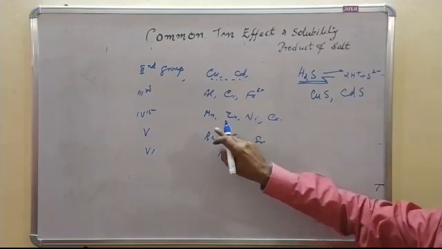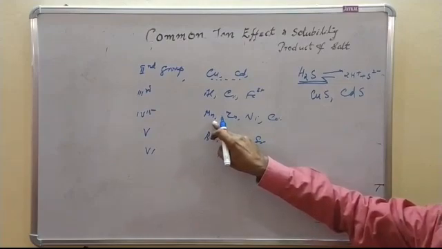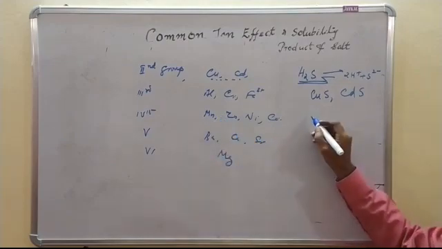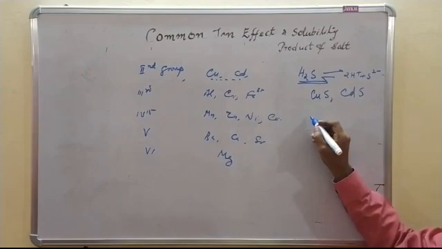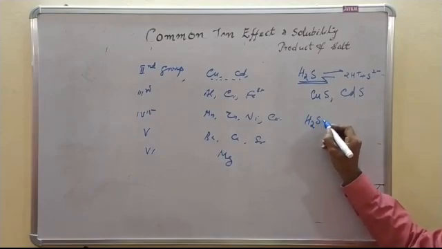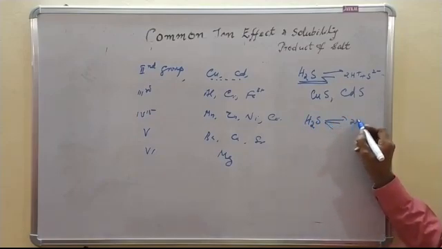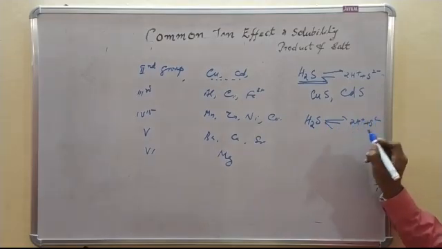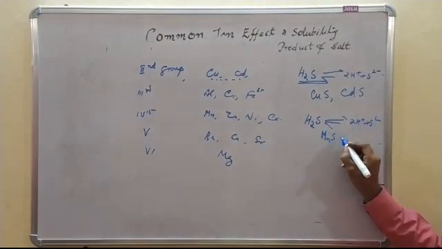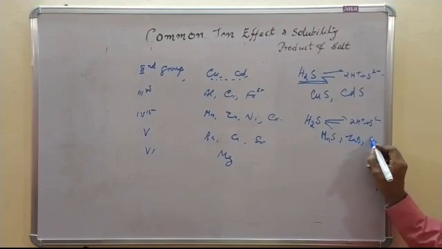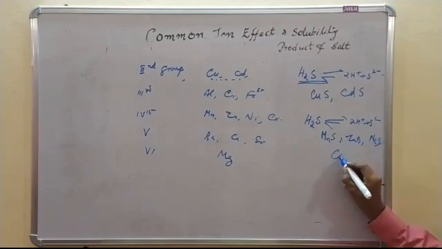But at the same time, the other metal sulfides, manganese and the other fourth group metals, can also be precipitated using the same reagent H2S. That will give 2H+ and S2-, and we want to precipitate as MnS, ZnS, NiS, and CoS.